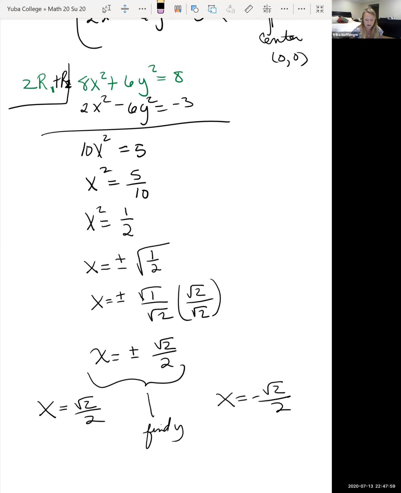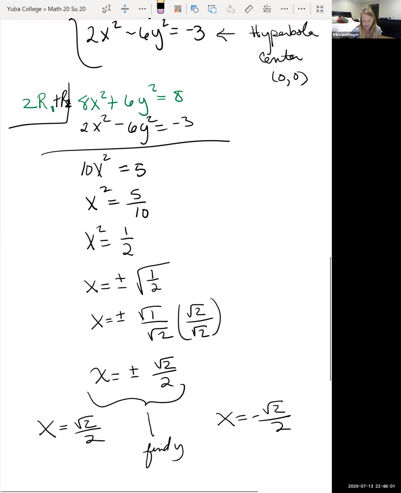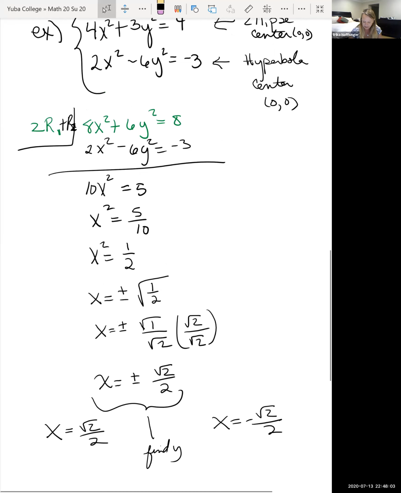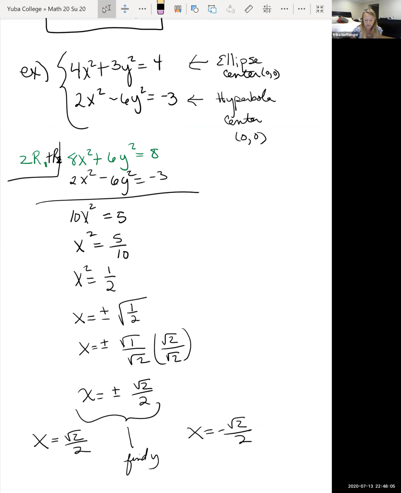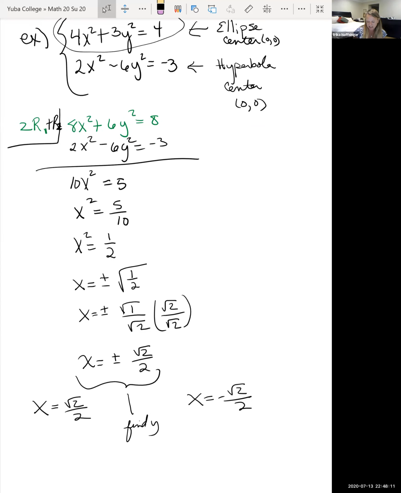Doesn't matter which equation you choose. I doubt either one is easier than the other. So plugging it into the first one. If we plug that in, we're actually going to get the same value either way, because we plug this in, we're squaring it. So we only have to do it once.